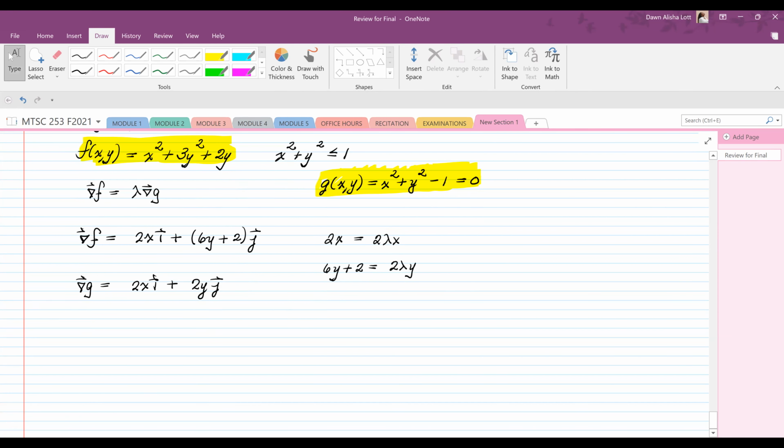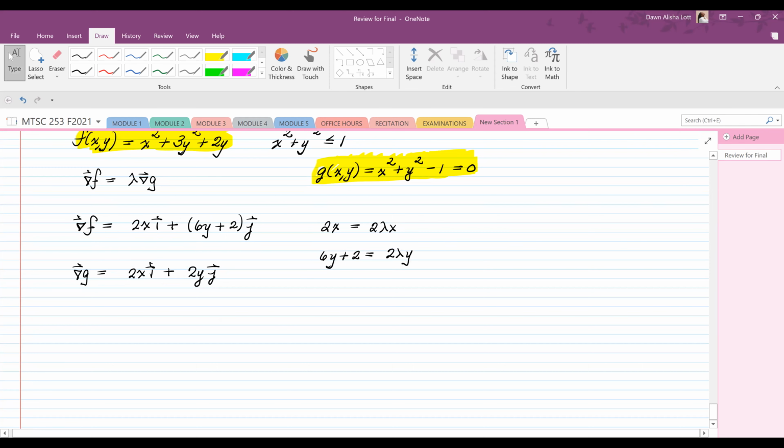So now there's several things you can do. When you solve for lambda in the first equation, there's two things that can happen. x can equal 0.